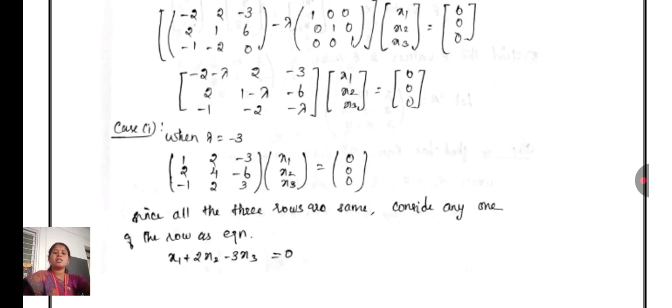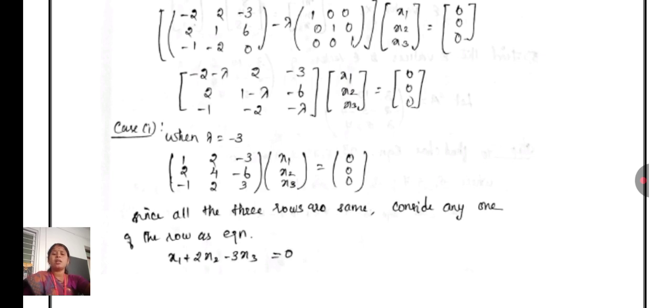Here, the three rows look different, but when analyzing, we can see all three rows are the same, with the values 1, 2 and -3.